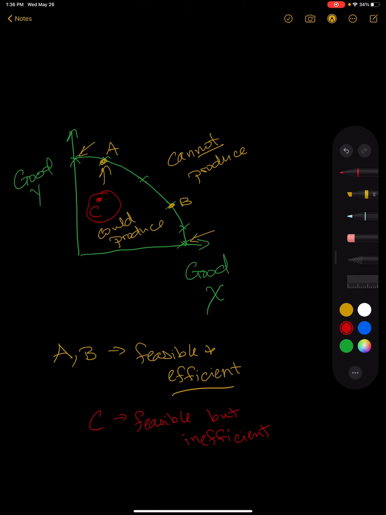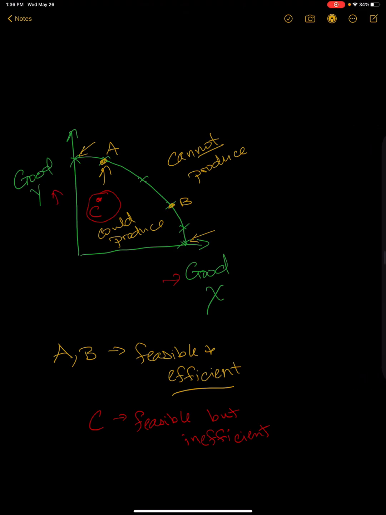So let's say this is my production possibility frontier between grading papers and getting chores done, right? I need to grade papers and I need to get chores done, but instead I just come home and veg out on the couch and binge watch something on Netflix. If that's what happens, I am not using my time wisely, right? It's possible for me to do that. I probably do that more than I should. It is definitely inefficient.